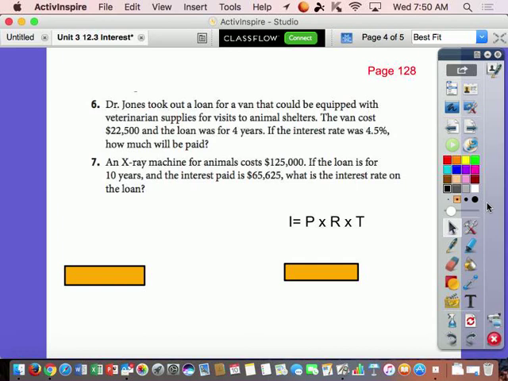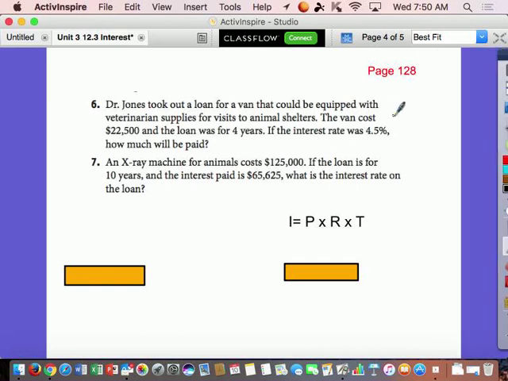Let's look at number 6. Dr. Jones took out a loan. The van cost $22,500. It was for 4 years, and here's the interest rate. Drop it in your formula. I equals PRT. Go ahead and press pause and work that problem out.